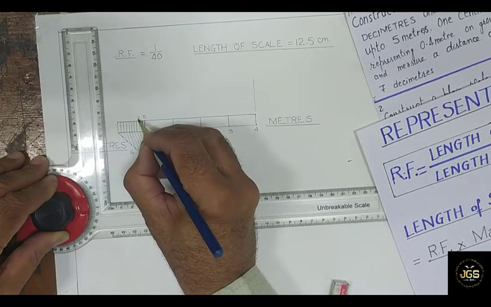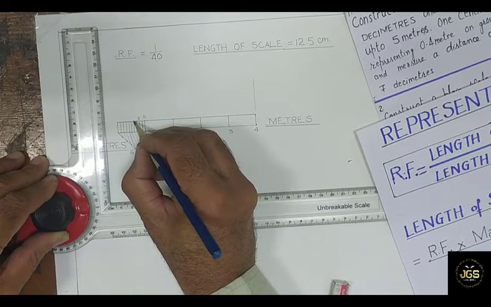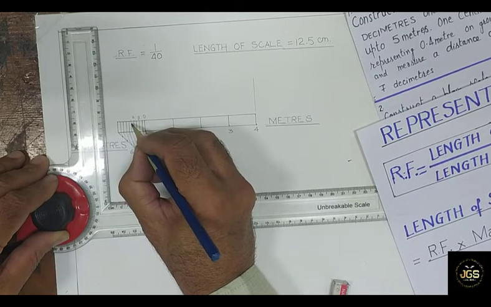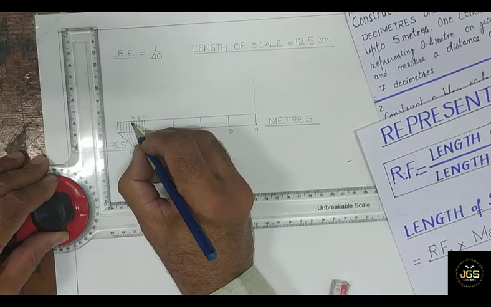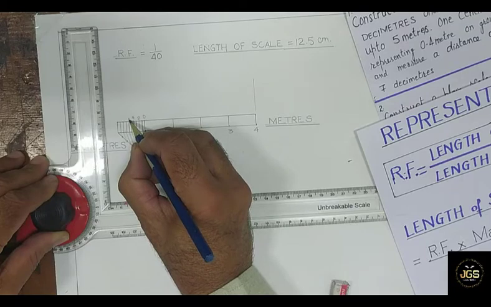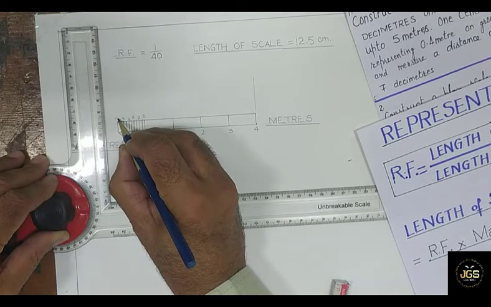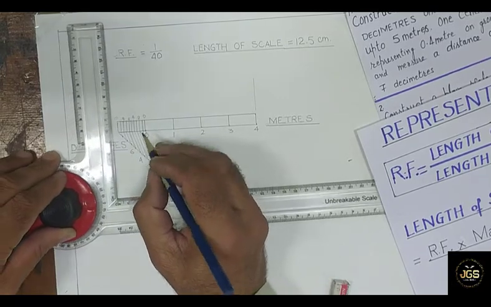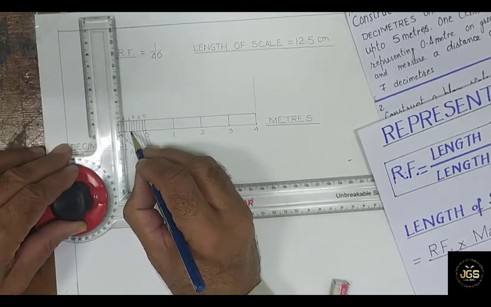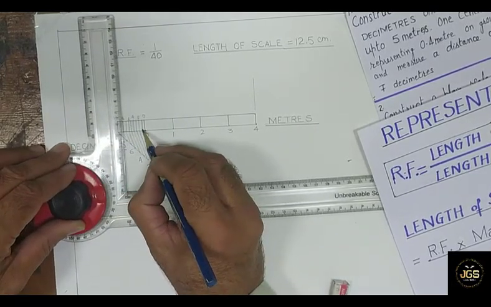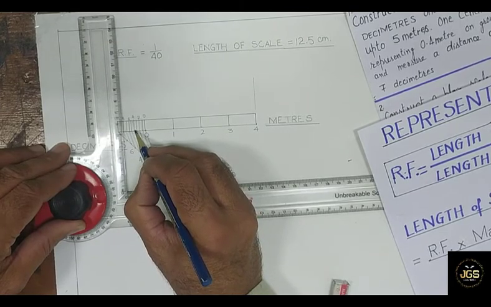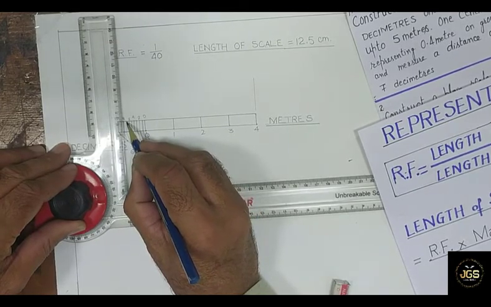You can write down here 2 decimeter, 3, 4, 5, 6, 7, 8, then 10. So from here you can write 7. This is the 6. 1, 2, 3, 4, 5, 6. This is a 7 decimeter.